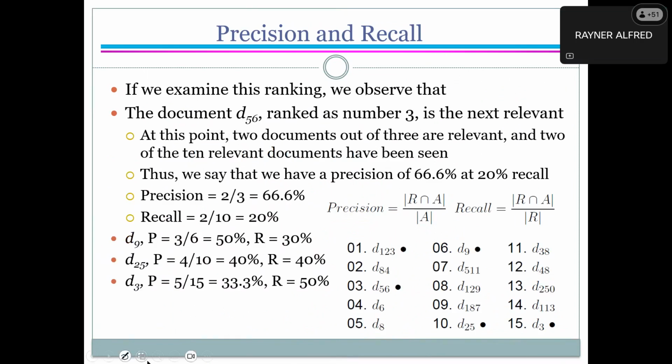Okay, so up to this one we have all the values. So this is number 1. This is for document 3. This is document 25. This is document 9.